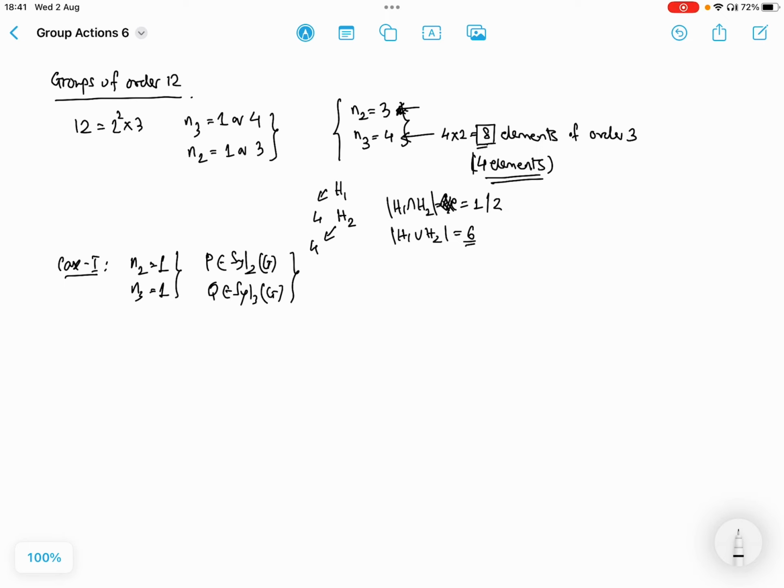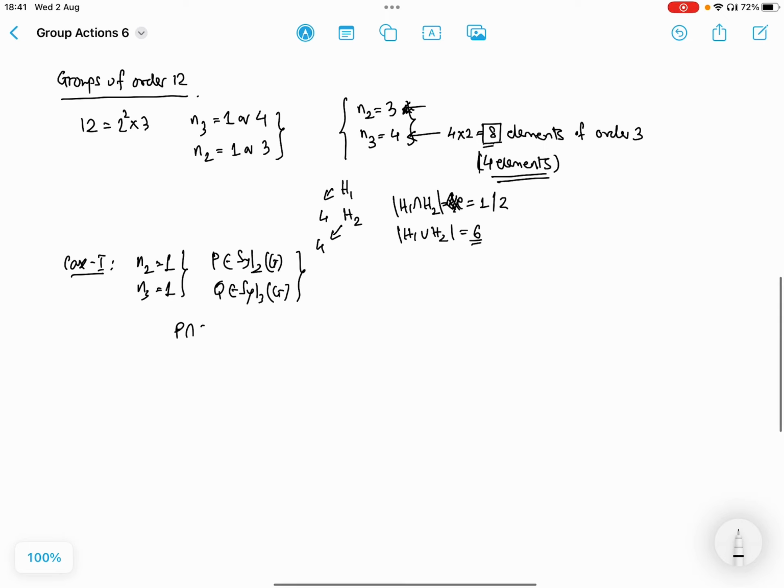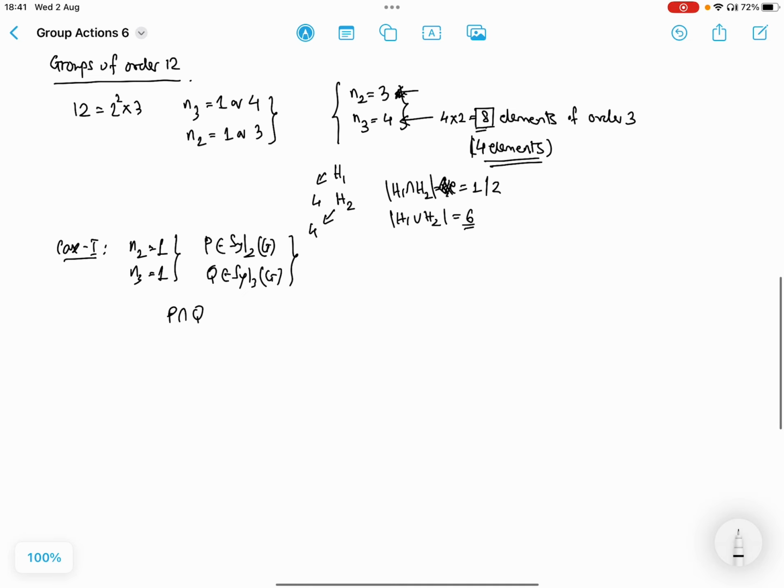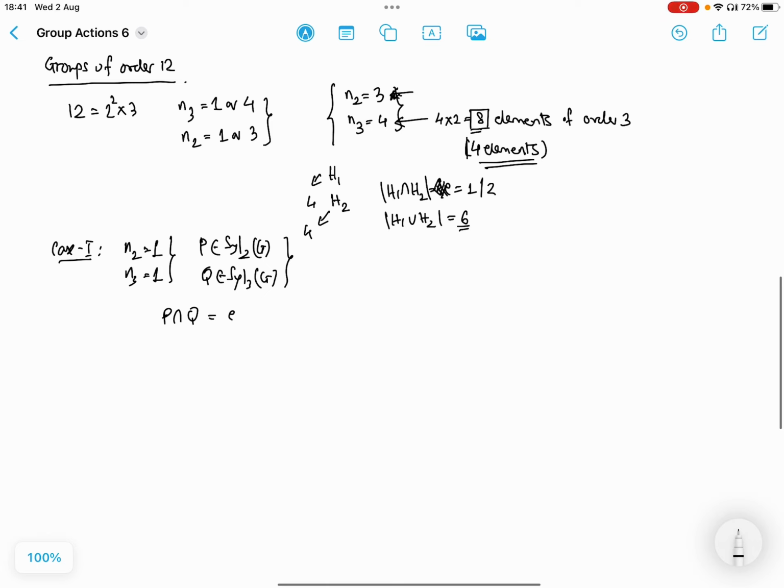Clearly they intersect only at the identity, because of the cardinality property and because their orders are relatively prime. And both of them are normal because they are unique Sylow subgroups.